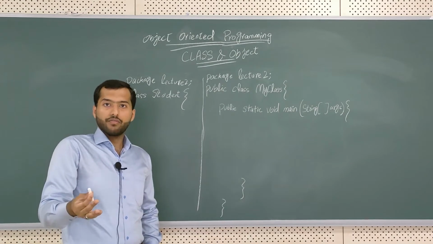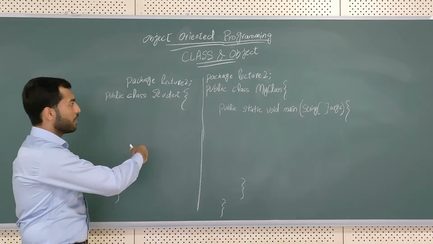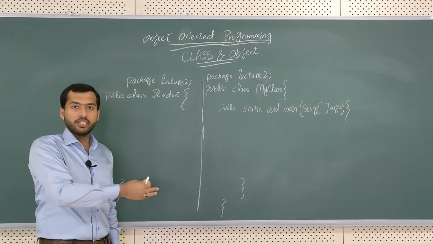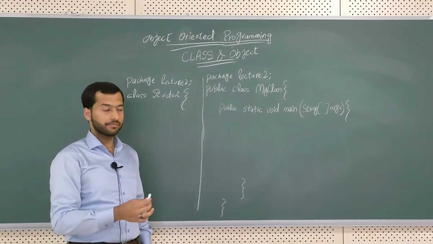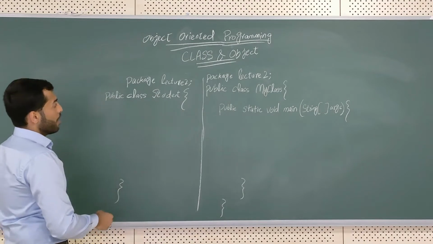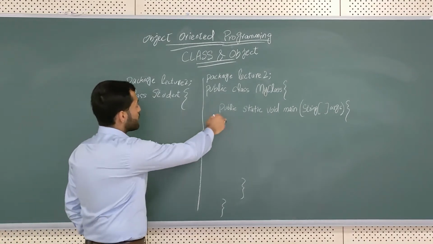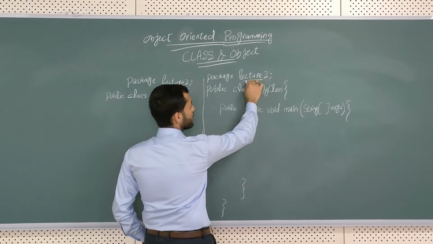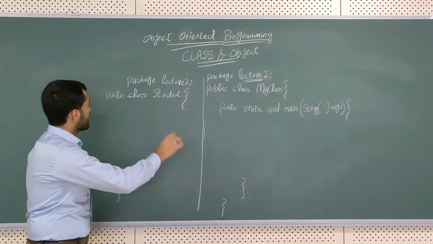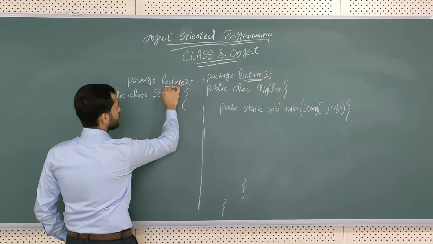In the second part of the video, I will do the same thing on the compiler so that you can understand how to create the objects and classes in the compiler. As you can see, that one is a package. Our package is lecture number 2. Same here, we have the same package, lecture 2.